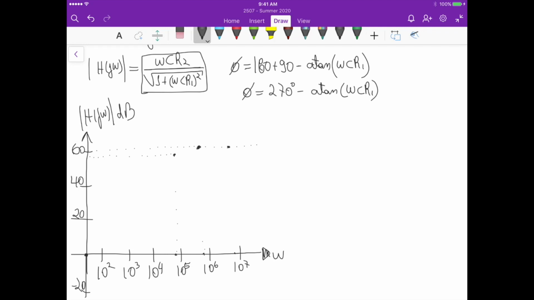Now 1 decade earlier, so if we were at 60 here, so we are here at 57. Basically 1 decade before that it's 40, so we are decreasing 20 dB per decade, minus 3 dB, so we are around here, right? 1 decade earlier we decrease another 20 dB per decade, so it's 20 minus 3 dB, so it's around here.